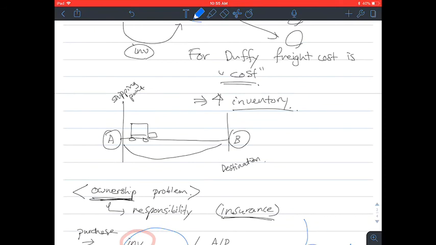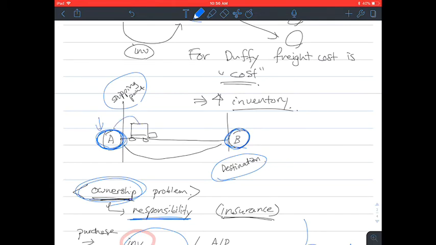And freight on board shipping point and freight on board destination. Why do we have such a rule? Because the ownership problem occurs. Why? Because nobody wants to take responsibility in this world, right? So when entity A sends product to entity B, entity A does not want to take responsibility while the goods are in transit.